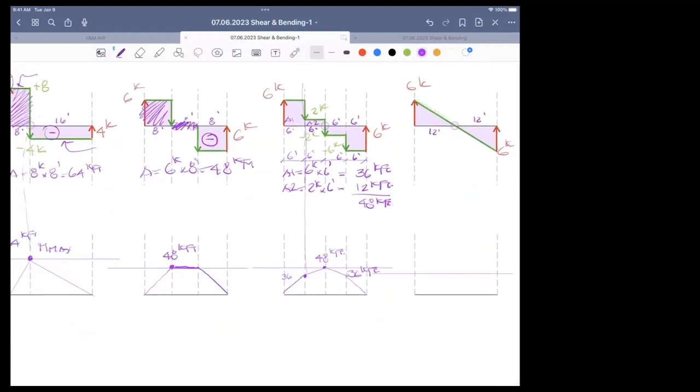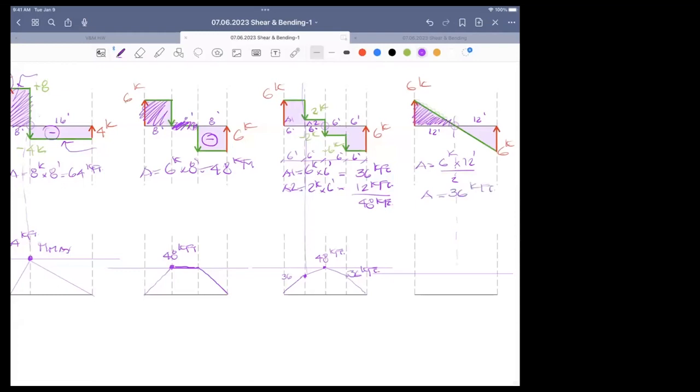And finally, this last one, the maximum moment occurs at 0 shear, and it's equal to the sum of areas to the left of 0 shear. So the area here is equal to base times height over 2, because it's a triangle. 12 over 2, area is 36. 6 times 6, 36 kip times foot.